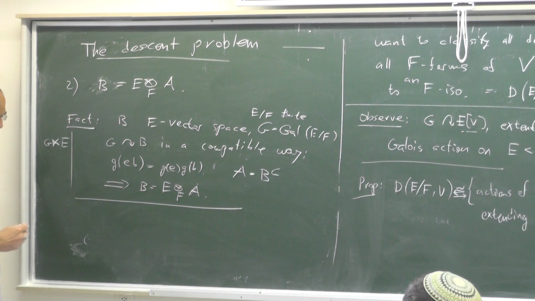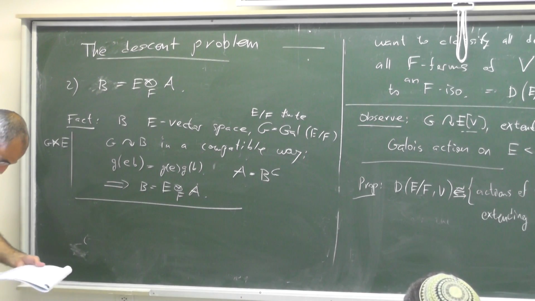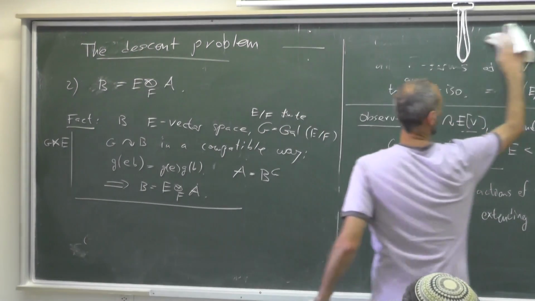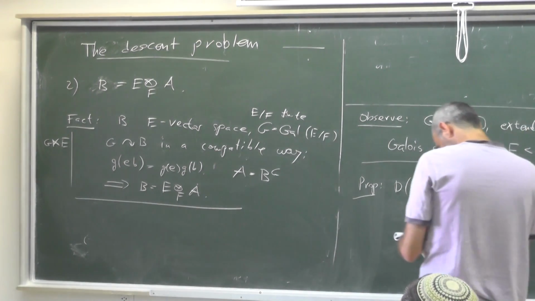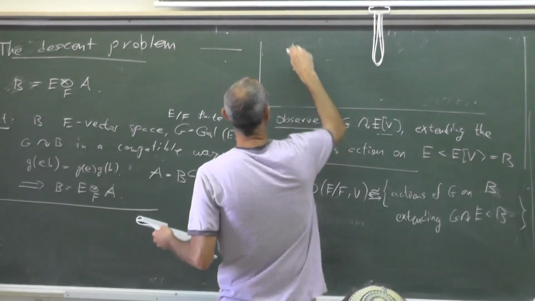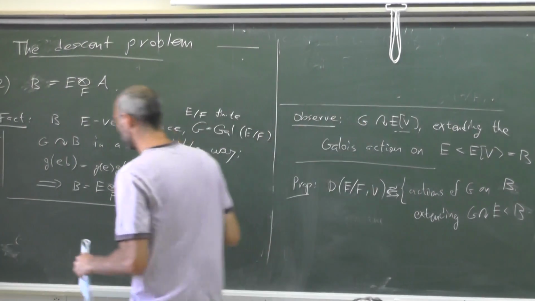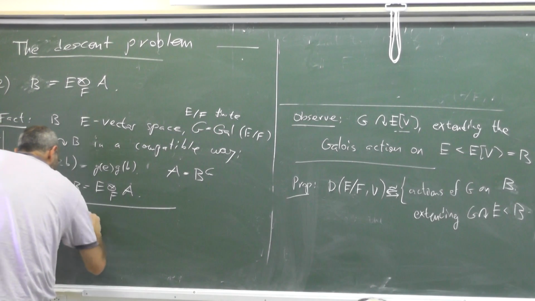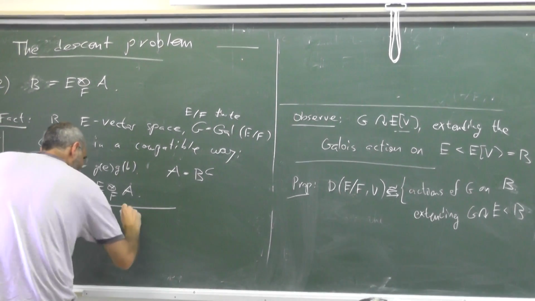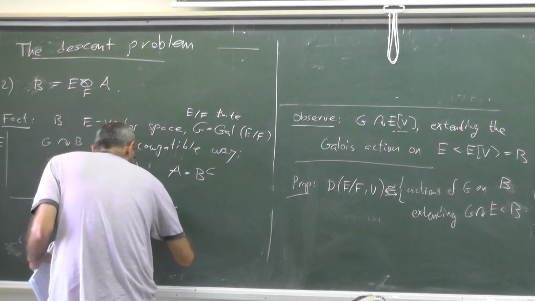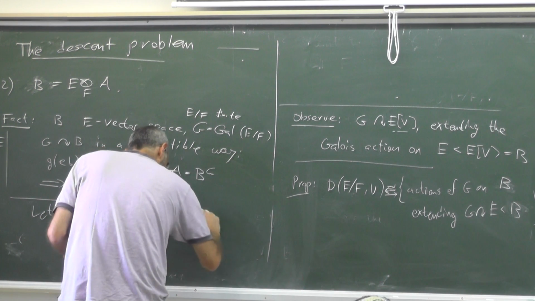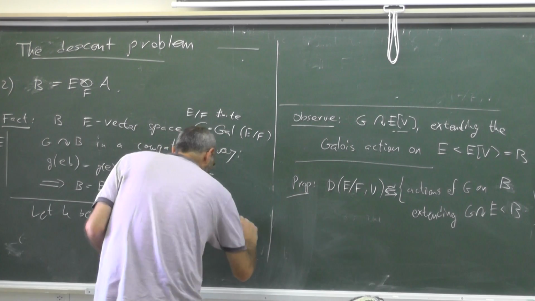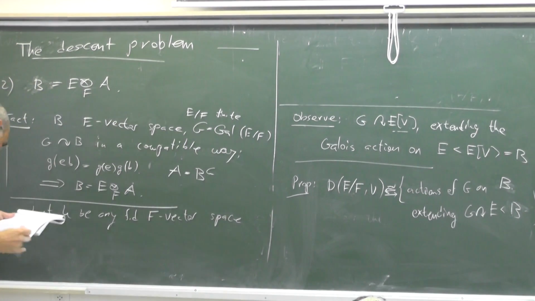So maybe let me write here. Let U be any finite dimensional F or E? F vector space. Before proving it, let me claim a general claim.